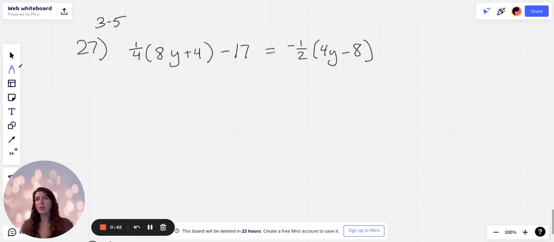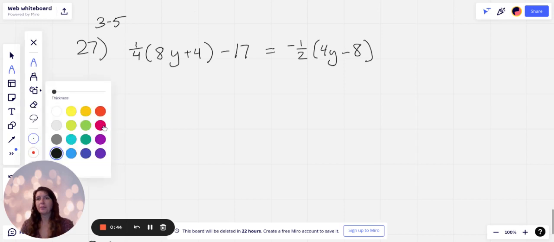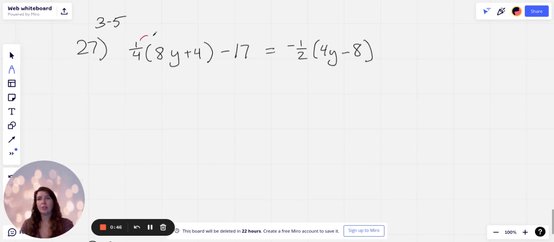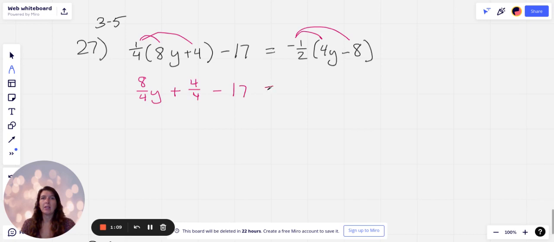So I'm going to first, let me get a different color. I'm going to first distribute this 1/4, and then distribute the negative 1/2. So 1/4 times 8y is going to be 8 over 4y plus 4 times a 1/4, so that's 4 over 4, minus 17 equals, now I'm going to distribute this negative 1/2.